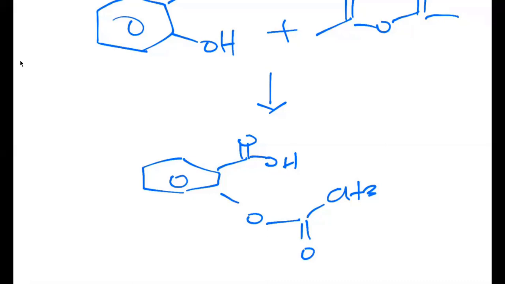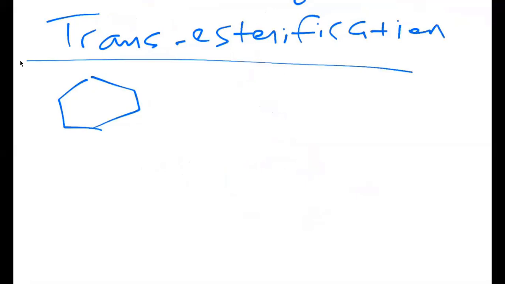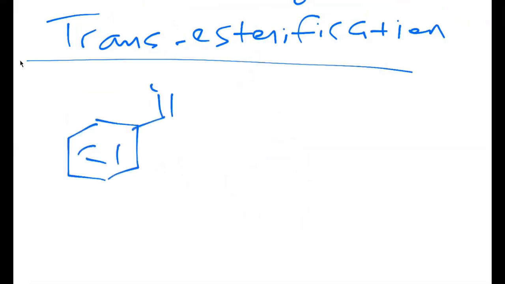So for esterification, the key to all this stuff is going to be to remember your functional groups. I'm going to start with a basic example, benzoic acid. With transesterification, we're starting with a carboxylic acid. I'm going to use benzoic acid. We're treating it with an alcohol. I'm going to use methanol.